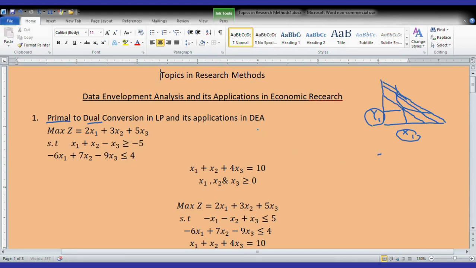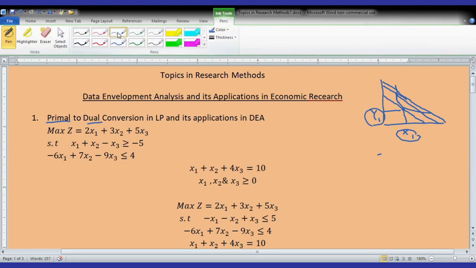Maximize z equal to 2x1 plus 3x2 plus 5x3, and what we are saying is that this value of z, which depends upon these three variables x1, x2 and x3, is to be maximized over these three constraints. This is the first constraint, this is the second constraint, and this is the third constraint. And then these are the restrictions that we are putting.